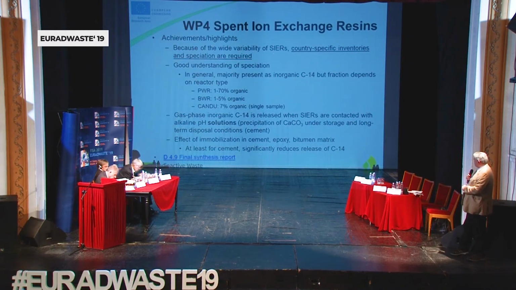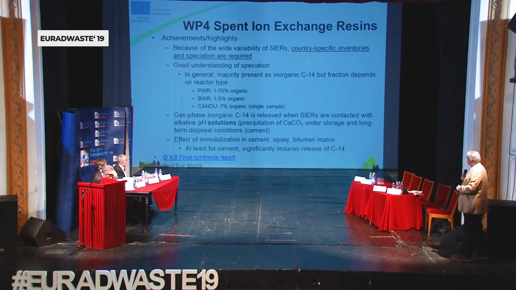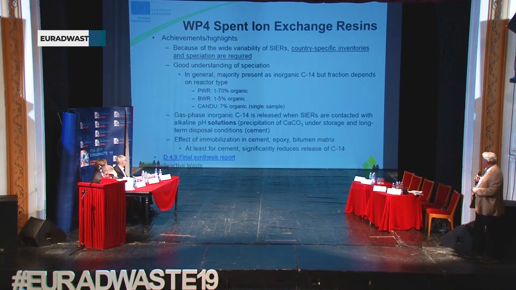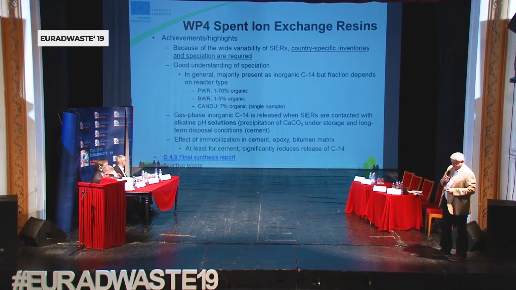You really need to look at the carbon-14 presence in spent ion exchange resins on a country-specific inventory basis and on a speciation basis. It's an issue that's very much affected by the circumstances it's experienced within a reactor.